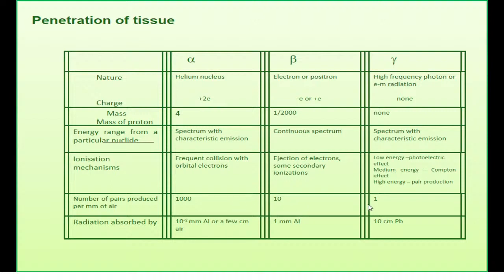And you can see how small it is: only one pair of ions, positive and negative, is produced within the 1 millimeter layer of air by gamma radiation. So this is just the most penetrating radiation.